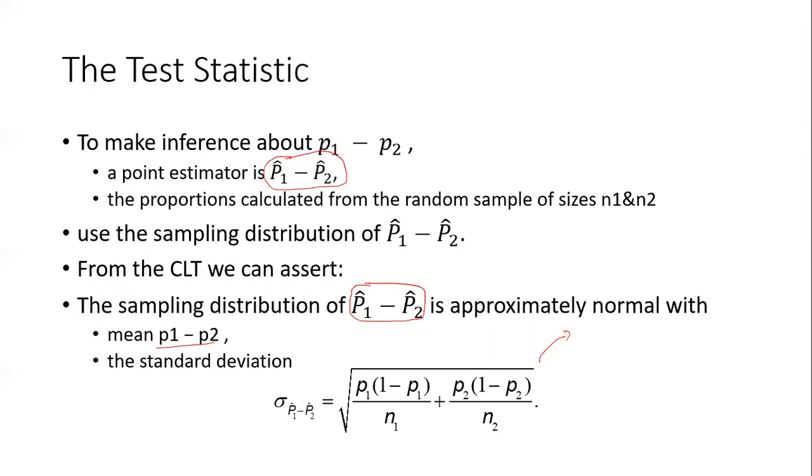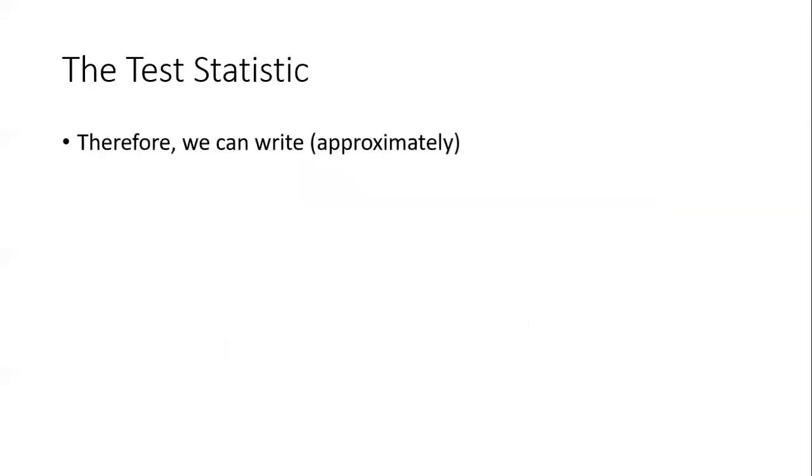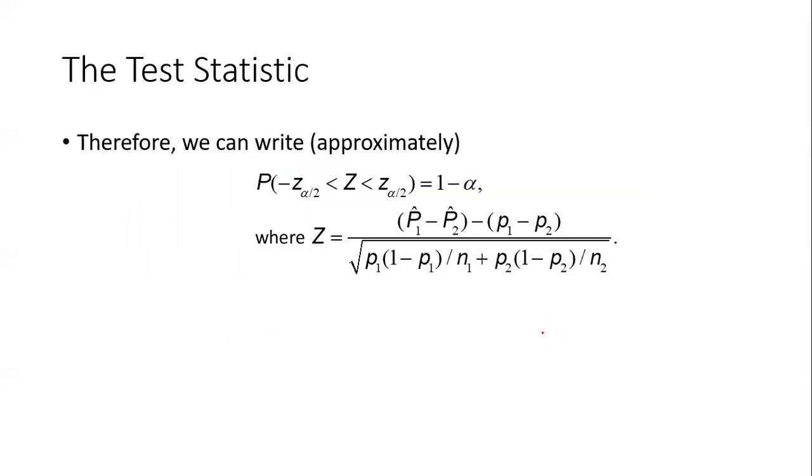But now we are making a confidence interval, so we use both of them. So P1 hat minus P2 hat minus P1 minus P2, divided by this whole expression, is an approximate standard normal random variable.